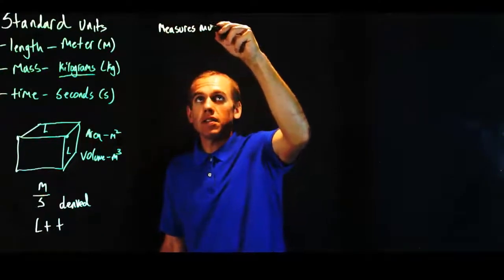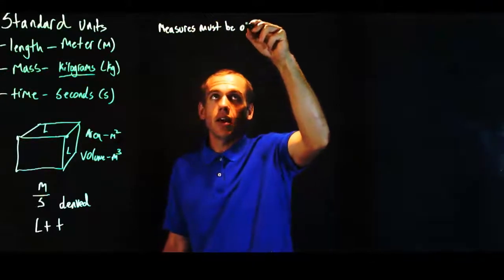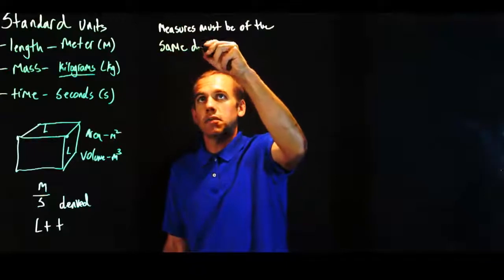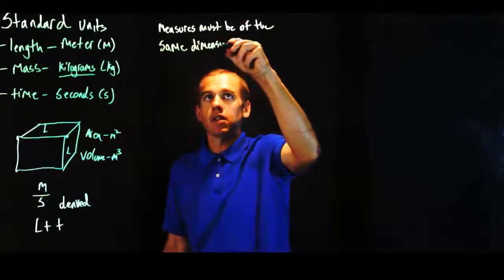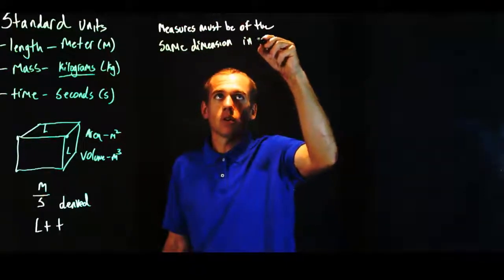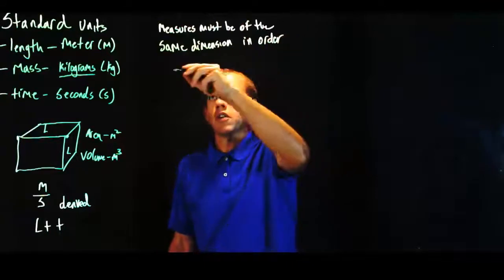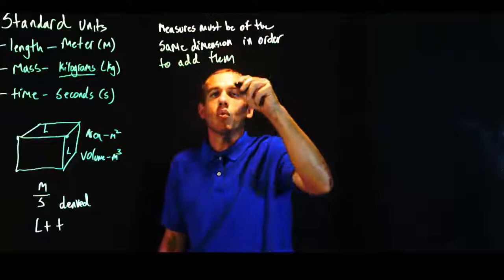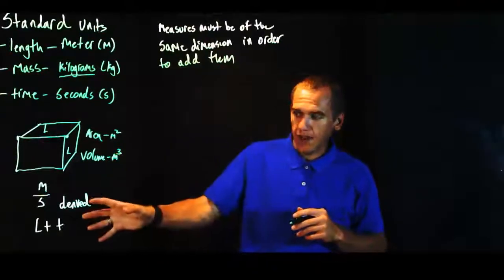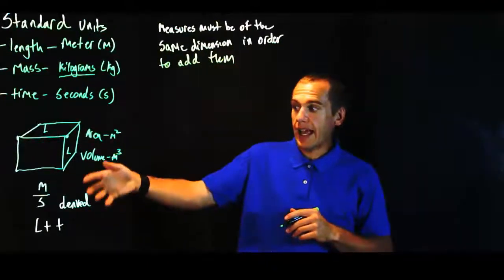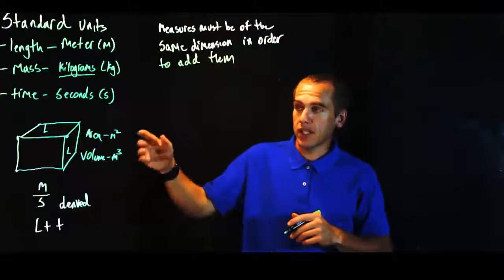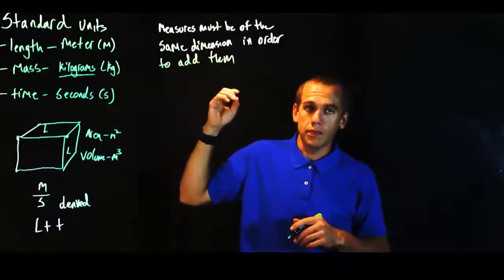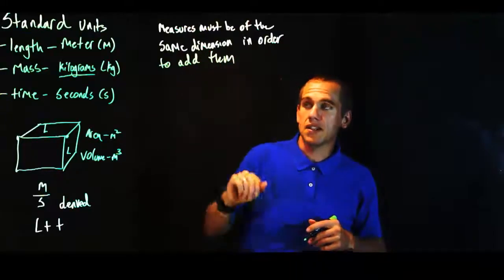Measures must be of the same dimension in order to add them or subtract. What I mean by that is we've got to add lengths to lengths and times to times. We can add velocities to velocities as well, and we can add forces to forces, but we can't add times to masses. Doesn't make sense, right? Got to be in the same dimension.